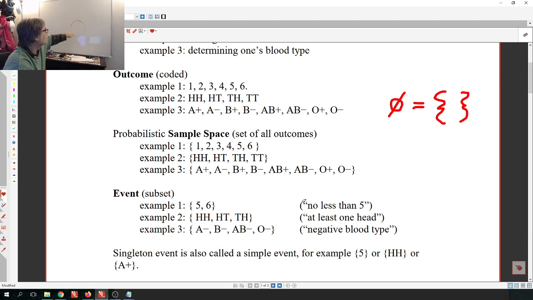It could be also the circle at the edge. That is also an event. But if I'm talking about the whole thing, inside and the edge, then I'm talking about all of the points that are inside the circle. There are infinitely many of them, so that's an event also.